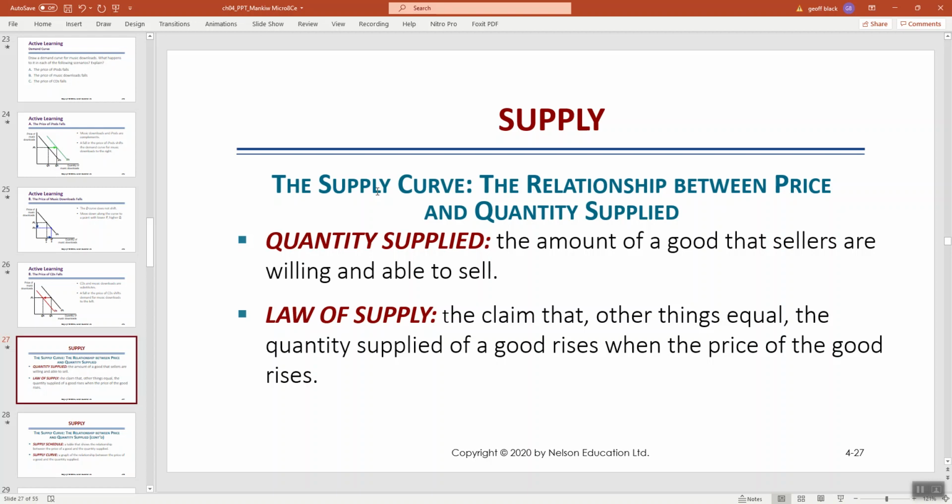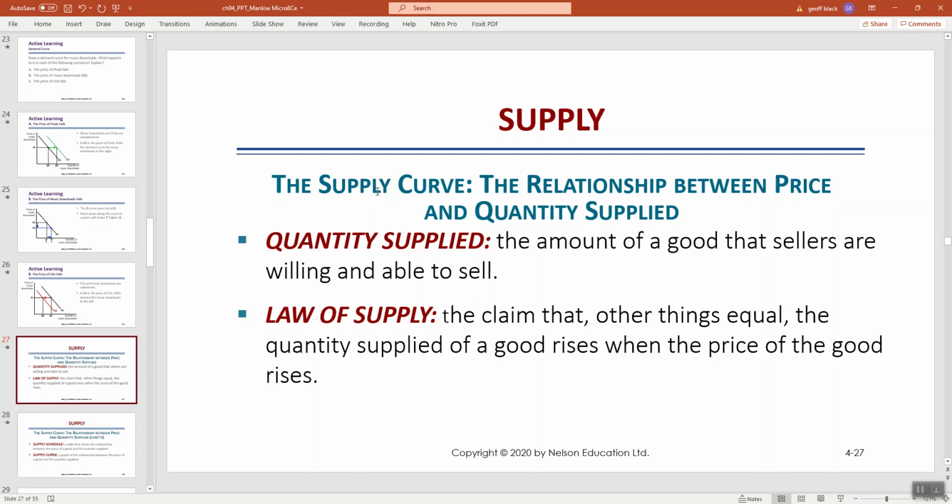Very few of us are actually supplying something, so it's not as practical. But quantity supplied is the amount of a good that sellers are willing and able to sell. How much are you willing and able to sell? And this follows the law of supply. This is the claim that, other things being equal, the quantity supplied of a good goes up when the price of the good rises.